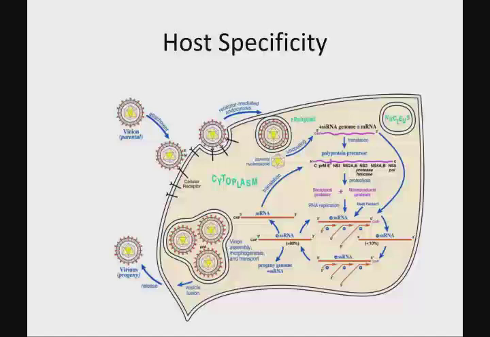Now all of a sudden we have a new virus that can infect humans, and it may be very, very damaging. We don't know, right? So this is how viruses jump from species to species. They have what's called a host specificity, right? And that's that locking key between the viral proteins and the receptors on the cell.